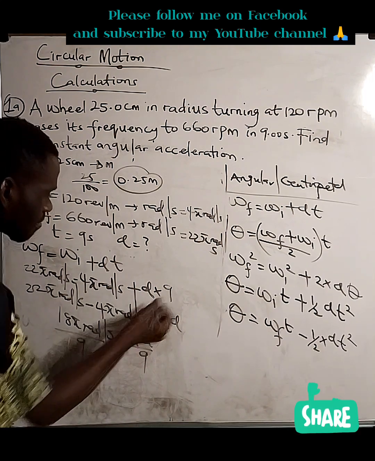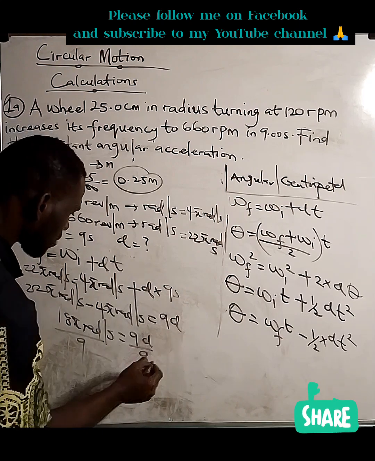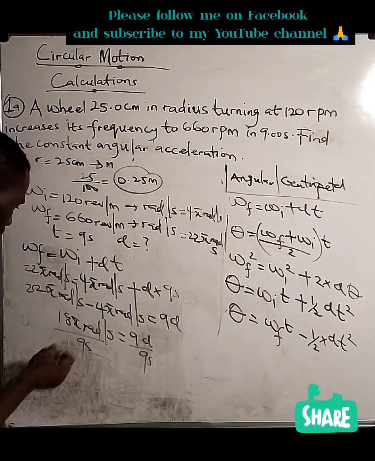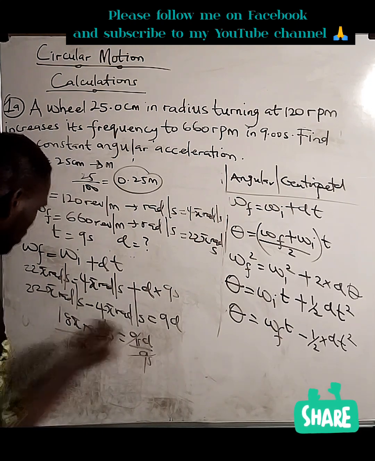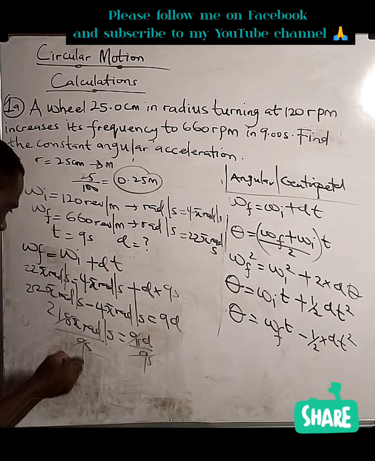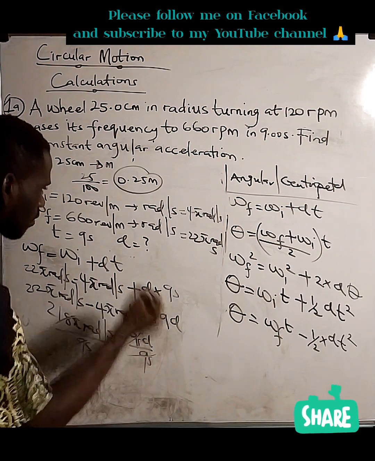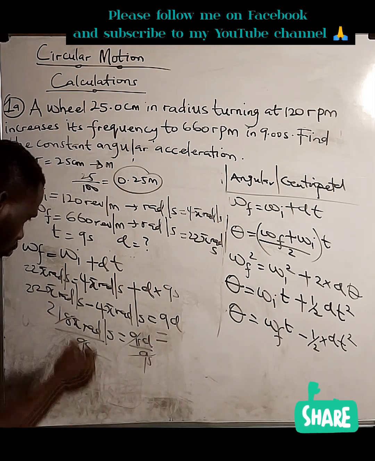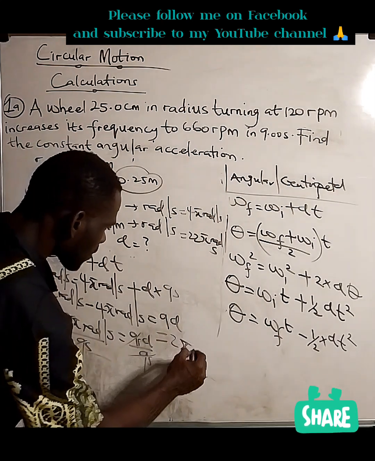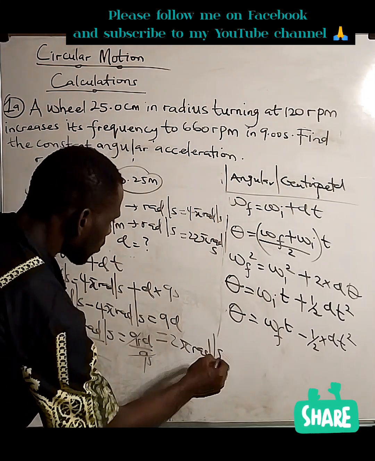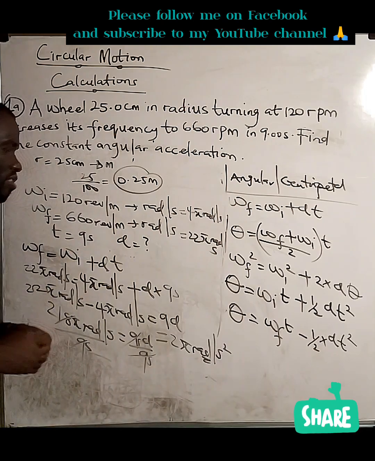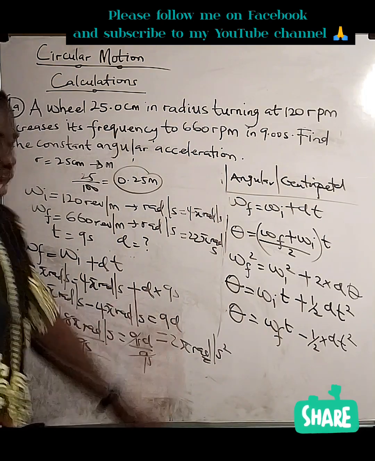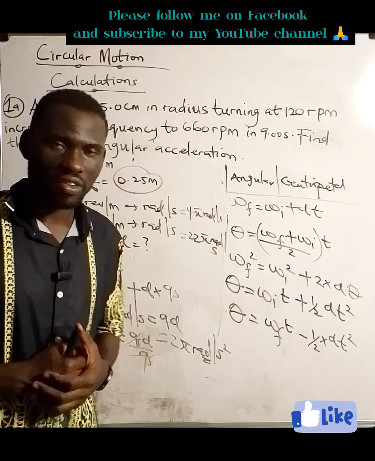The 9 cancels the 9 seconds, so the angular acceleration is equal to 2 pi rad per second squared. That is that for the angular acceleration, as simple as ABC.